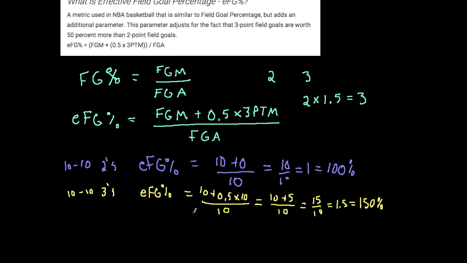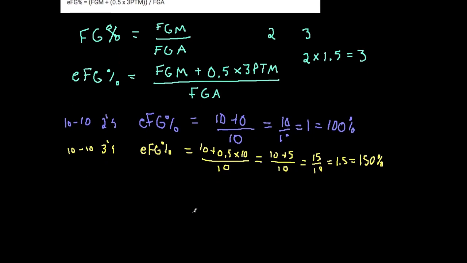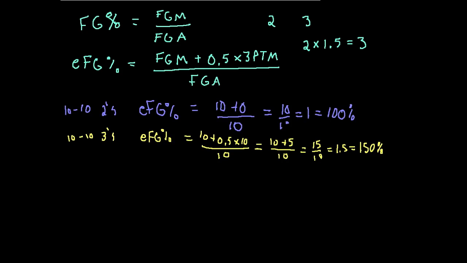Now let's look at the case where someone hit some of both, some 2s and some 3s. So let's look at someone who went 12 of 25 from the field. And let's say they hit 8 2s for 16 points. And then that would be 4 3s, and that'd be another 12 points.